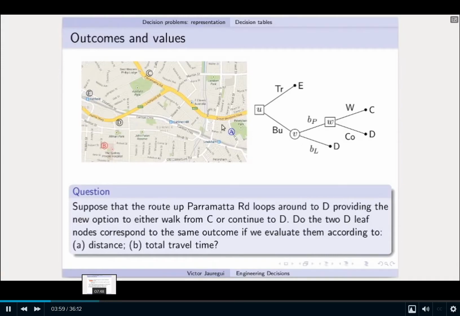Now, D is the same situation as the one that we would get if we took the bus and it went down Liverpool Road, right? So take the bus, down Liverpool Road gives us D. And in terms of the distance between these two outcomes and our destination, they're exactly the same.